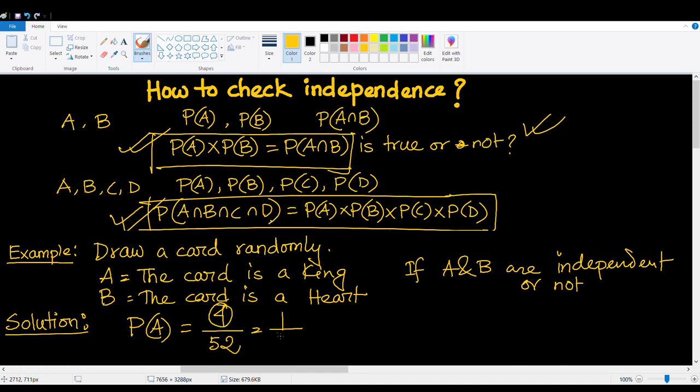So it becomes 1 by 13. Now the probability of B. What is the probability of the card being a heart? You know that there are 13 hearts. So 13 is the number of favorable cases, and similarly 52 is the number of total outcomes. Therefore P of B will be 1 by 4.